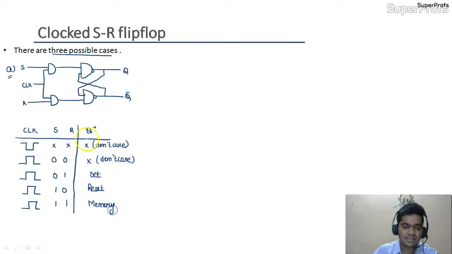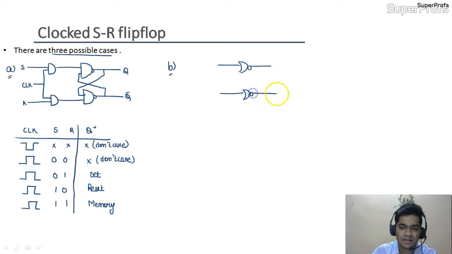So this is a clocked SR flip-flop with a NAND gate latch, with the clock pulse given through the AND gates.